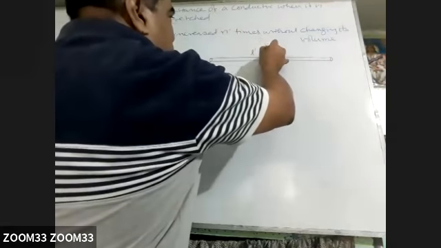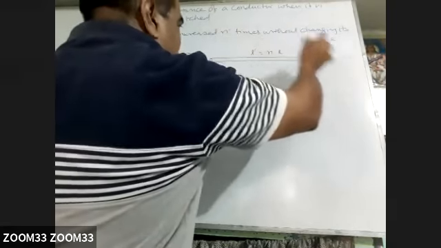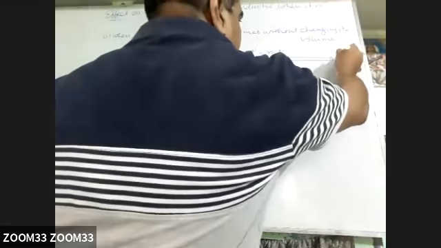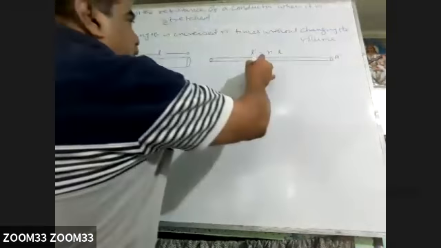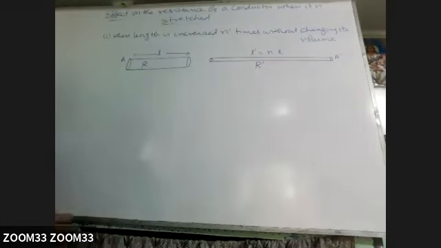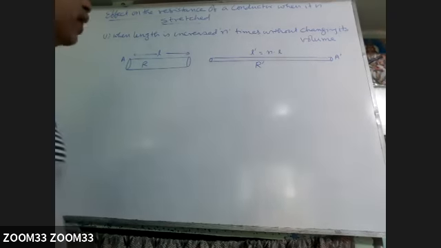So this L dash is n times L. We are interested to find what is the value of this R dash. So what will be now?